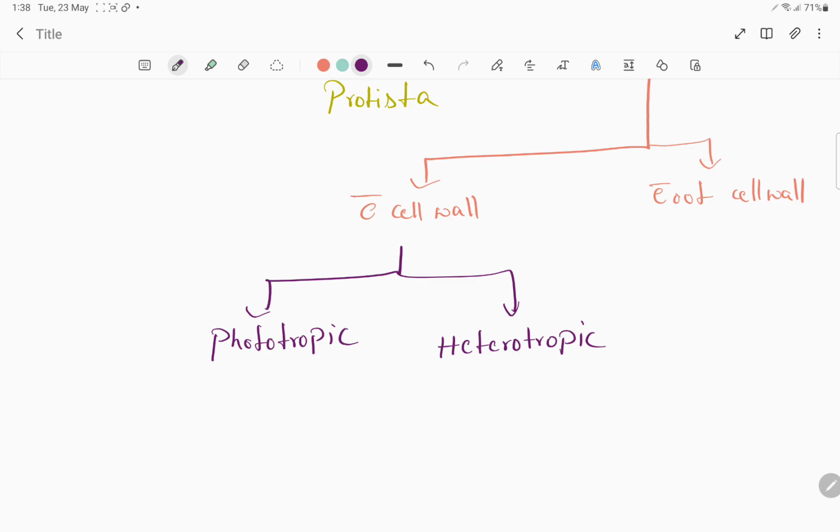Under phototropic it is Plantae. Under heterotropic it is Fungi. And without cell wall it is kingdom Animalia.